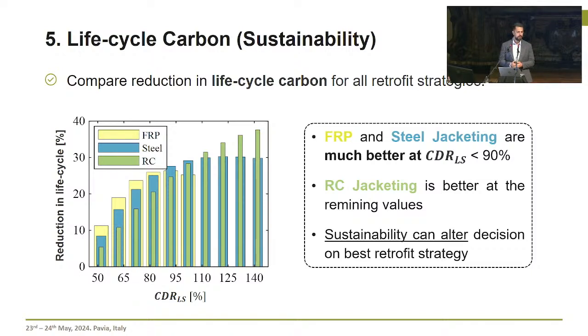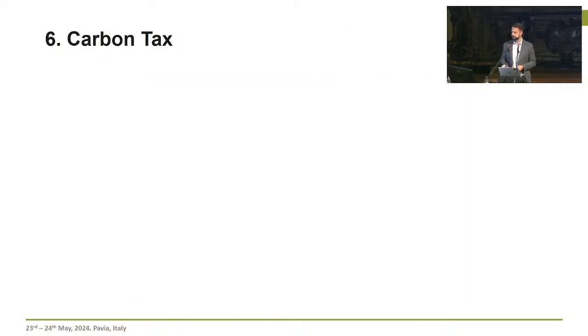On the other hand, RC jacketing would be better for capacity demand ratio which is larger than 90%. So the main insight here is that sustainability can actually alter my decision-making process, even though there is a high correlation between the embodied carbon and damage.